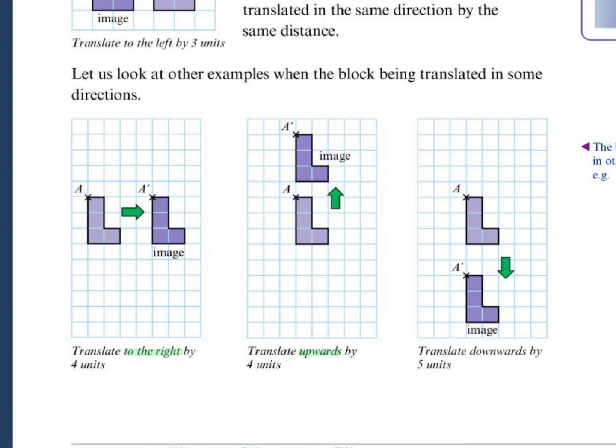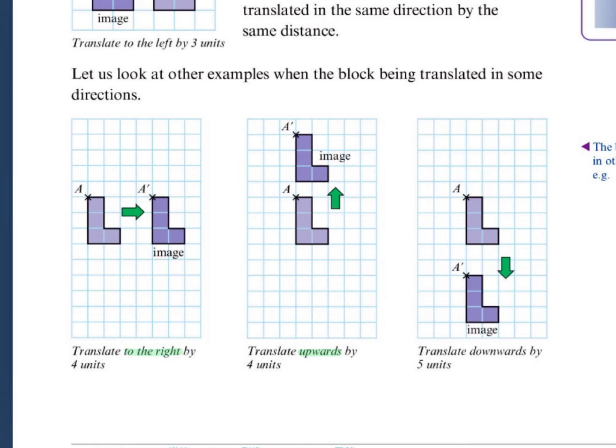Again, you can see the reference point A. When it is translated upwards by 4 units, you can see the difference of 4 units very clearly for this reference point A. And we usually use the apostrophe for A, we call it A prime, to describe the new position after the translation.